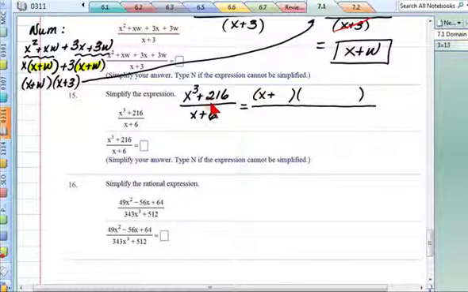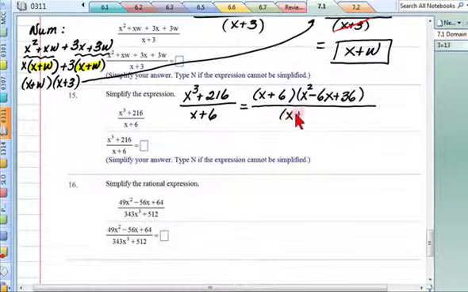What's the cube root of 216? 6. The trinomial is formed by square the first, x squared, change the sign, product, which is 6x, and square of the last, 36. That kind of trinomial, which is square, change the sign, product, square, can't ever be factored any further. You'll always just leave it.